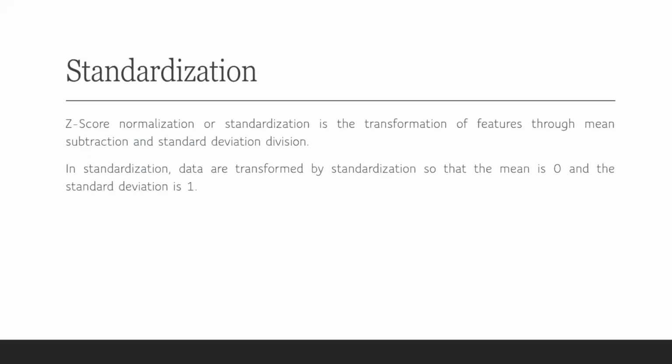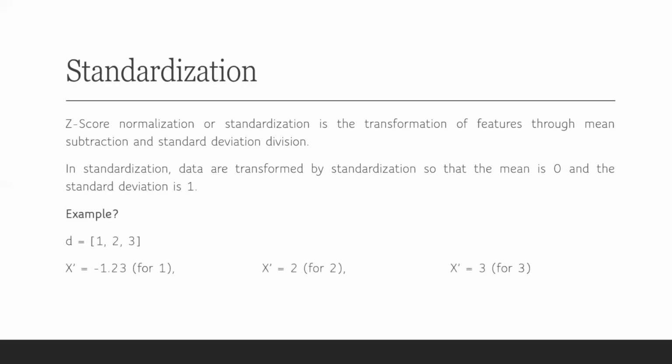Now let's see what is standardization. Z-score normalization, also known as standardization, is the transformation of features through mean subtraction and standard deviation division. In standardization, data are transformed so that the mean is 0 and the standard deviation is 1. Let's consider an example.